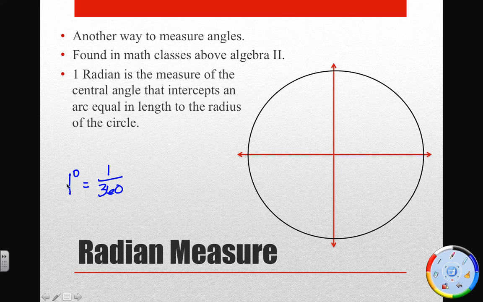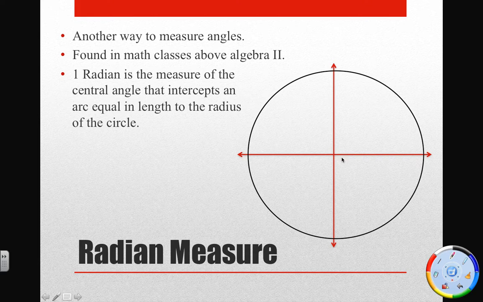You go around in a circle, you turn full around, you go 360 degrees. So 1 degree is 1 out of 360 of a full revolution. Now the thing is here, with radian measures, it's measured differently because you can't just measure everything the same, right?